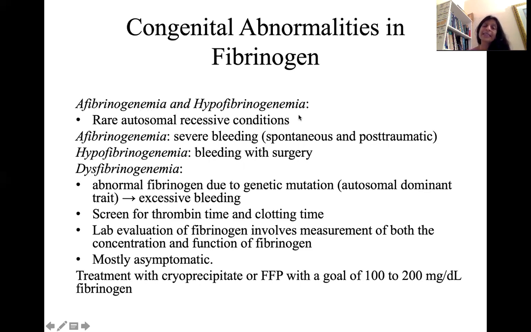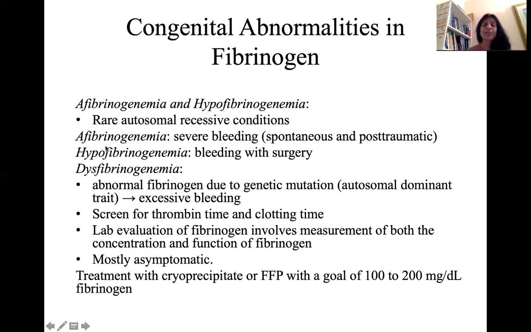Hypofibrinogenemia is less than normal amount of fibrinogen. Dysfibrinogenemia is where fibrinogen is present, but it's not functional. Okay, so afibrinogenemia and hypofibrinogenemia both are rare autosomal recessive conditions.